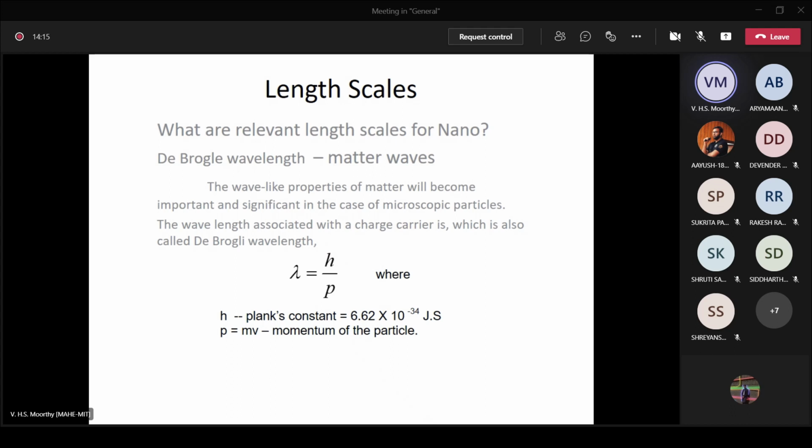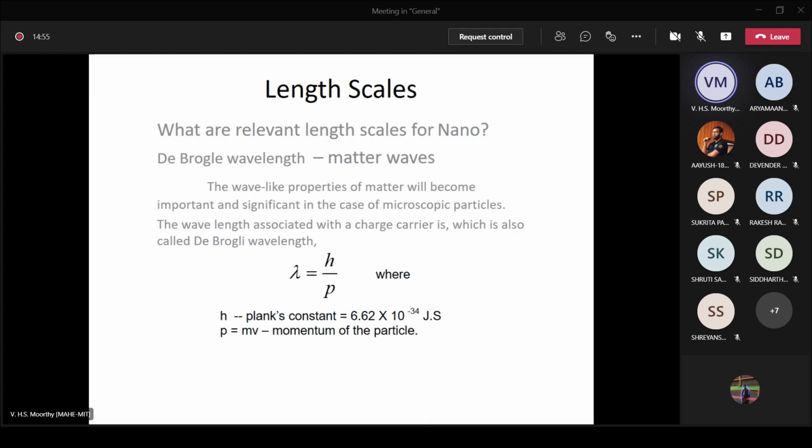Then in the previous class, we discussed what nano is, and mostly the low dimensional systems: 2-dimensional, 1-dimensional, 0-dimensional materials, which exhibit quantum properties, quantum confinement of the energy levels in 1, 2, and 3 dimensions. I hope you are getting my point.